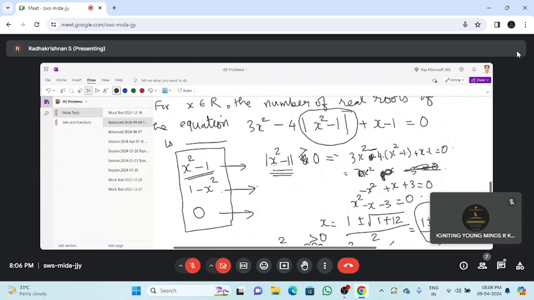இப்போ first I will explain. Okay. So first case we are taking x square minus 1 greater than 0. அப்போ வந்து this mod of x square minus 1 will be equal to x square minus 1.